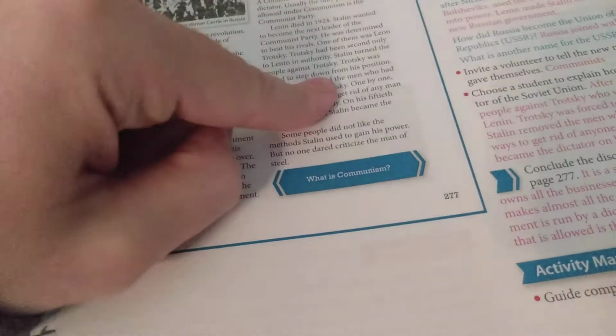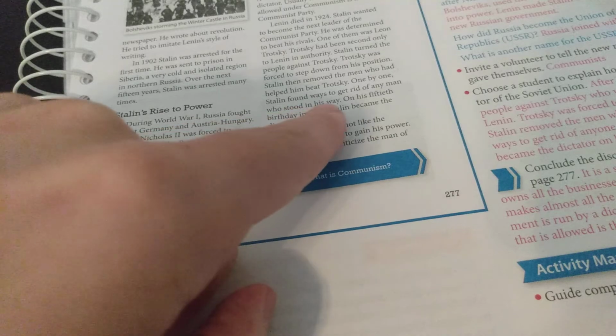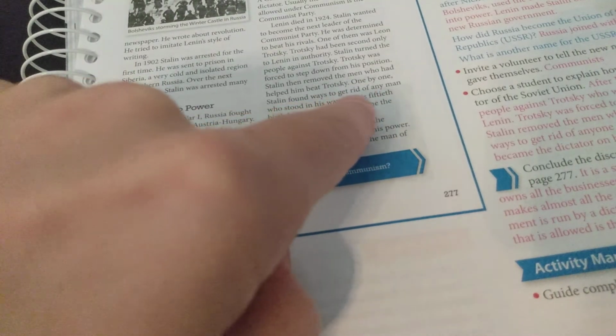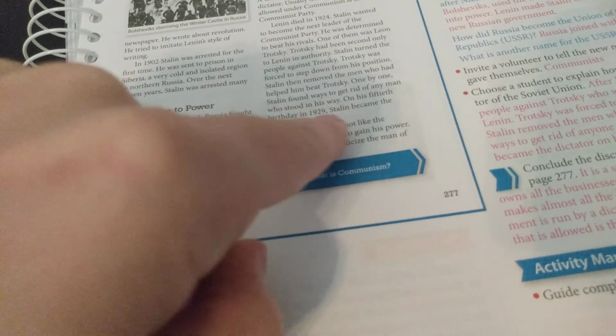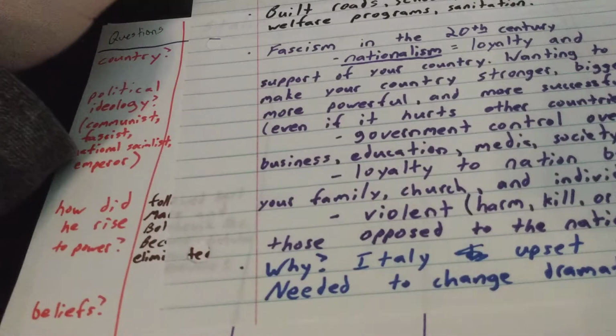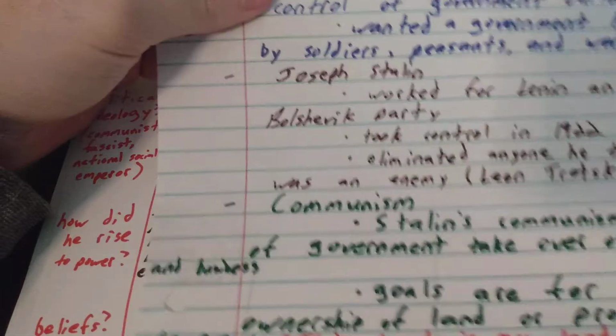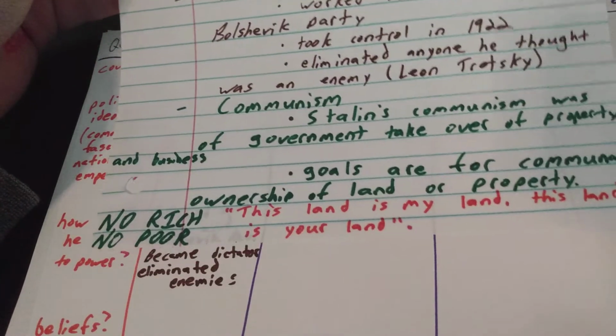But also, this part, one by one, Stalin found ways to get rid of any man who stood in his way, and Stalin became the dictator. I used the textbook to fill that out. And in my video, you could use that, and this is what I put in the video.